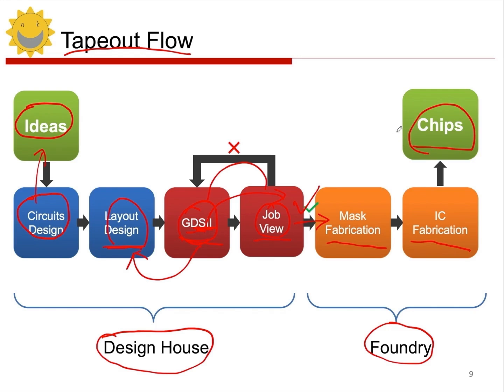The foundry must perform checks to ensure compliance with manufacturing rules, and feedback is provided to the design house if any issues are found. The process continues until the GDS2 is confirmed to be correct. Ultimately, the foundry generates a new file for photomask fabrication. In conclusion, the entire process is essential for successful chip manufacturing.